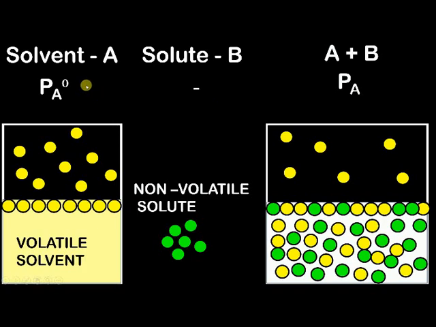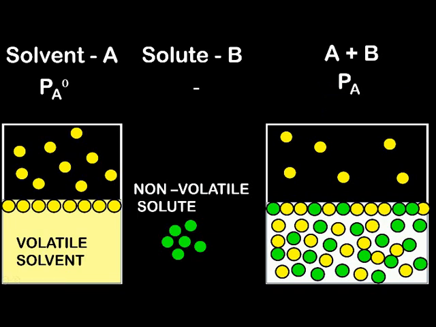The value of this A when it was pure is Pa0, and when it is added with a solute which is non-volatile, it becomes Pa, and this value of Pa has decreased. It is less than Pa0. Therefore, it is called vapor pressure lowering, as the value is decreasing from Pa0 to Pa. Clear with this? The value has decreased.